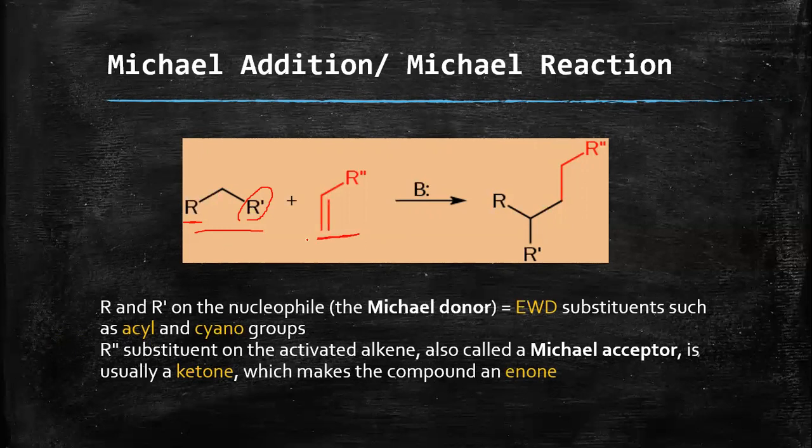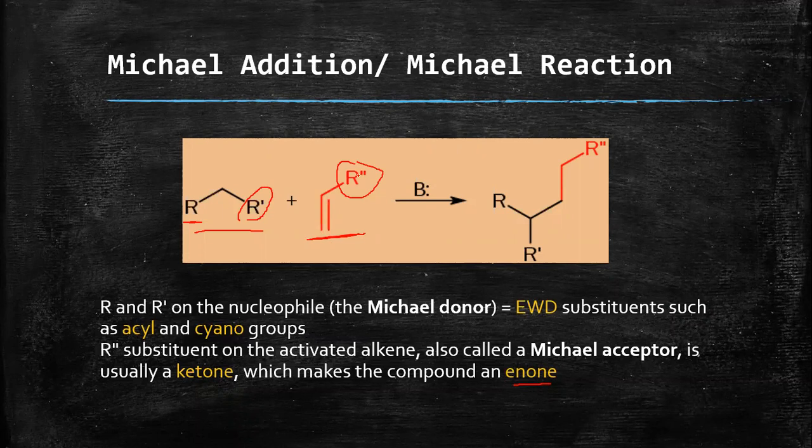Another reactant is an alpha beta unsaturated carbonyl compound. This R dash dash is simply a carbonyl compound, and these are ketones having alpha beta unsaturation, and as a whole, it is called an enone. And this is also called an activated alkene. How is it an activated alkene?